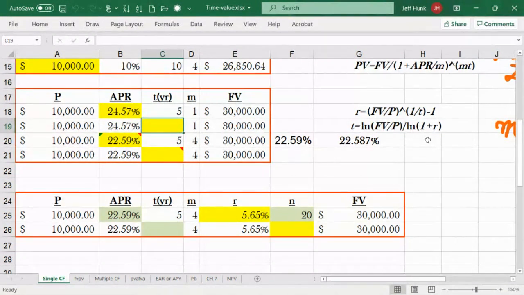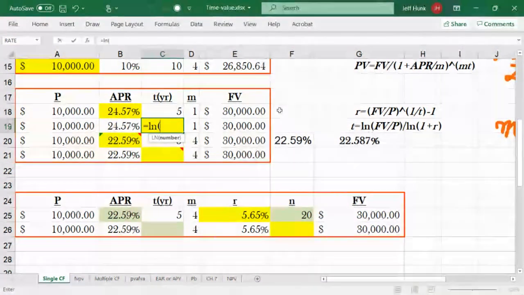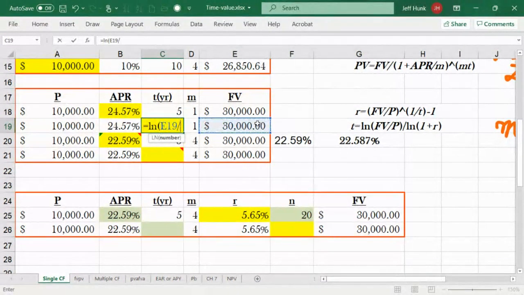Of course, then, using the formula, all we need to do is natural log of FV over P, close parenthesis, and divided by natural log of 1 plus R, which is here, right?